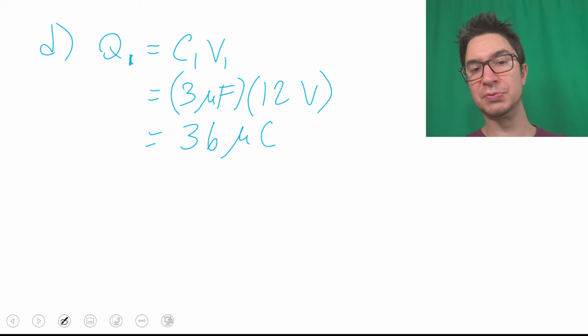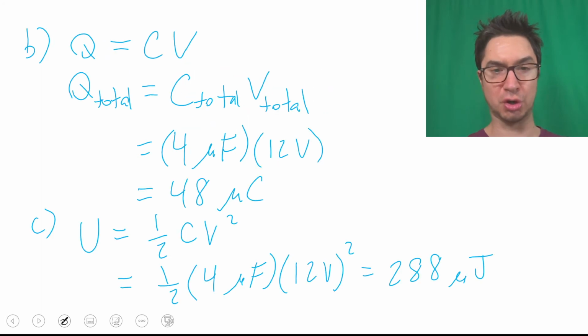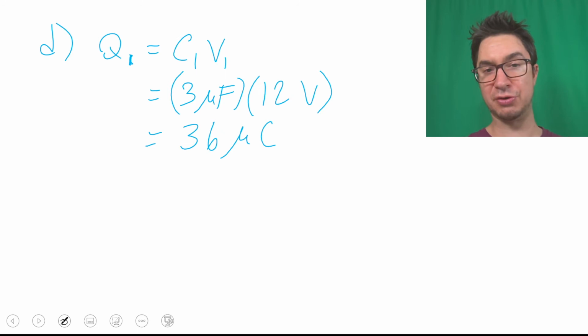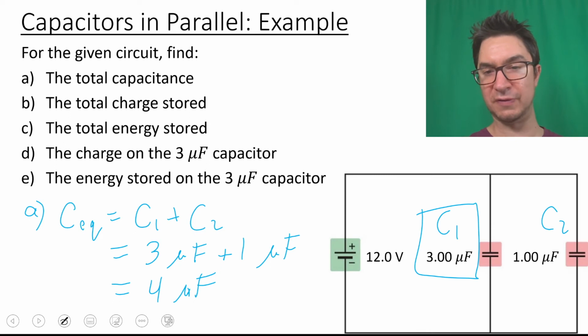And we ask ourselves, is it plausible that that capacitor could have 36 microcoulombs of charge? Well, the total charge we found was 48 microcoulombs, and 36 microcoulombs is certainly less than 48. So it's plausible that that is the amount of charge on that capacitor. And as we can see, the amount of charge that we find is actually proportional to the amount of capacitance in a parallel circuit with capacitors.